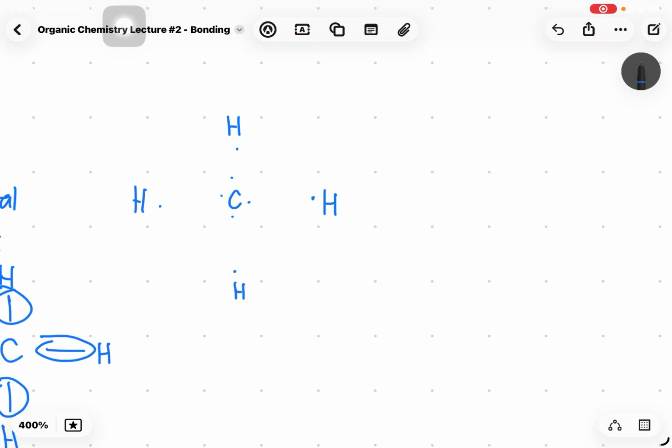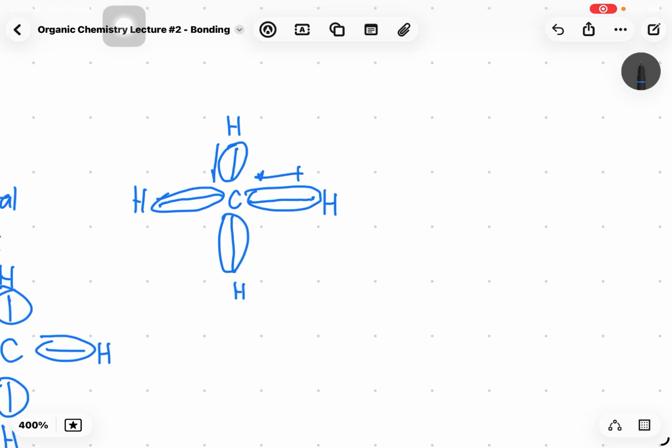So these valence electrons will bond with each other. 1, 2, 3, 4. And these are all sharing the same space. They're sharing the electrons with each other. So there should be a force pulling them towards each other. You'll learn more about this with the concept of electronegativity, which I can discuss in a different video.